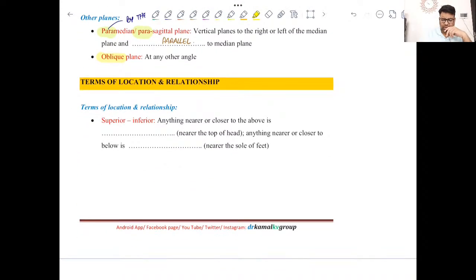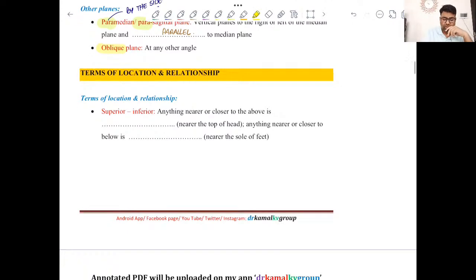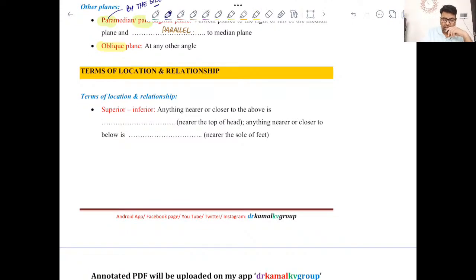Now there are certain terms in relation to location of structures to each other, or related to certain movements. So one is superior and inferior. Now superior means, in simpler words, above, and inferior means below. So upper is superior, lower is inferior.